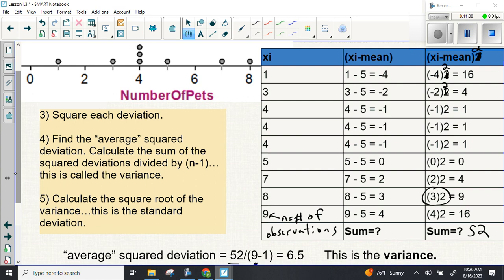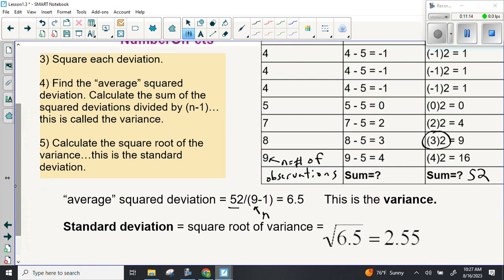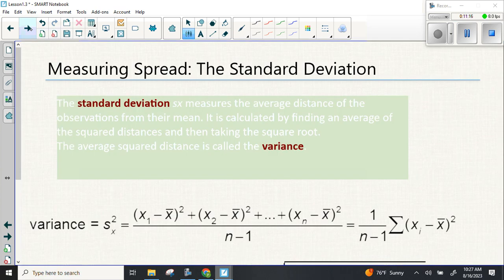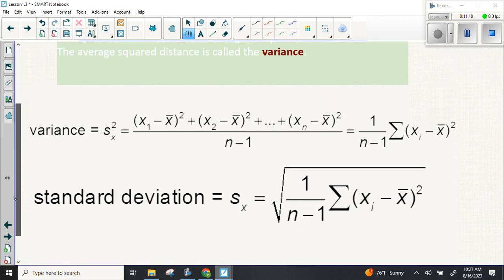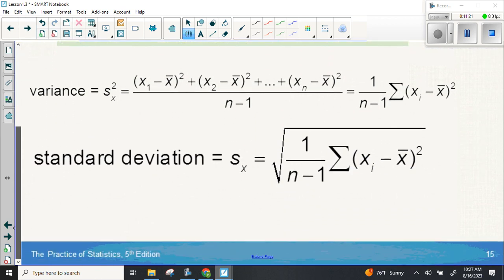I think that calculating it by hand is an extreme waste of time. No statistician would ever do it. We have calculators for a reason. These calculations are really, really nasty. So this is how you calculate your standard deviation.